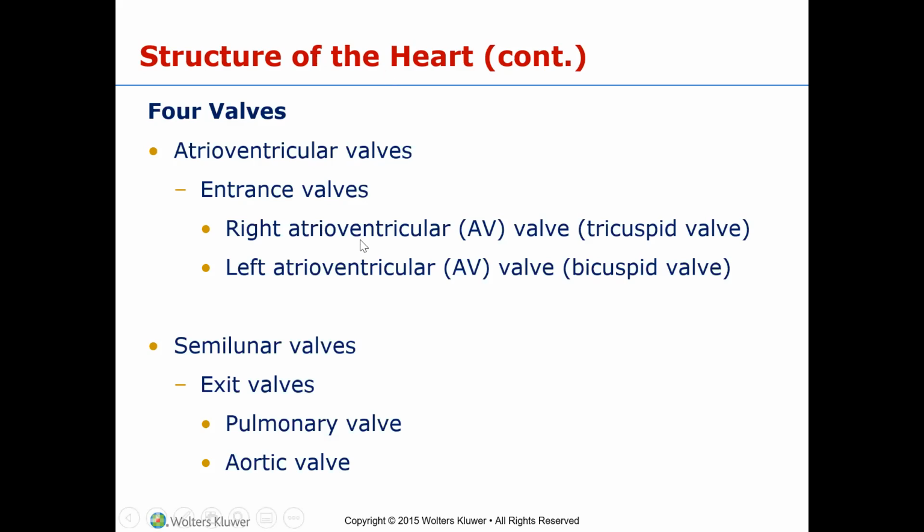The right atrioventricular valve is known as the tricuspid valve because it has 3 little flaps. The left atrioventricular valve is also known as the mitral valve, and it only has 2, and that's called the bicuspid valve.